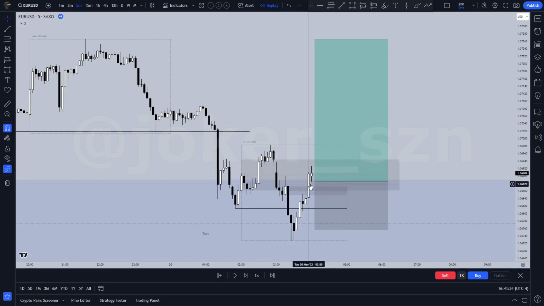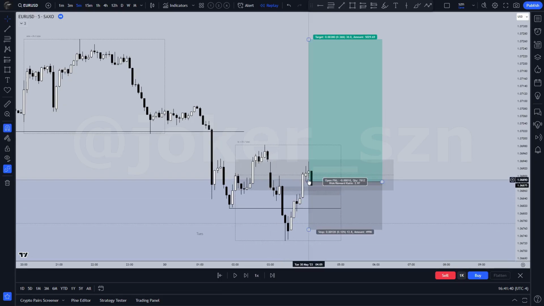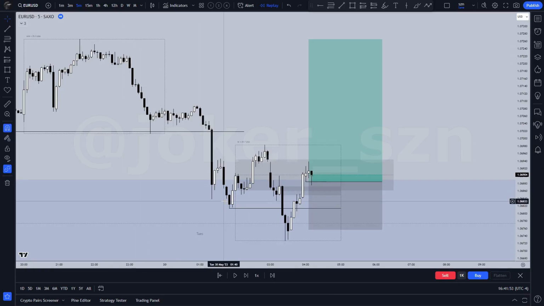You can also market enter here if you want. There we go. We trade into that fair value gap here, and now you can see we still have a 2.97 R rate up to the Asian highs, which would be our first TP.